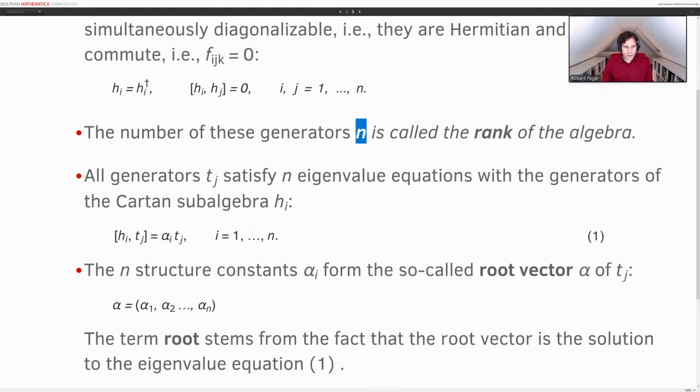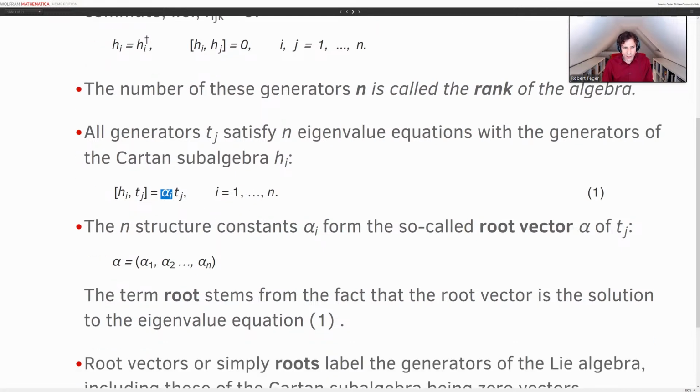So now you can do the Lie bracket with all the other generators and these special generators of the Cartan subalgebra, which I wrote here, and they have some subset of these structure constants, and they are exactly n ones, so as the rank of the algebra, and you can use them to label the other generators, so the Tj in these equations. And these n structure constants, ai, form the so-called root vector alpha of Tj, which I wrote down here in the general form.